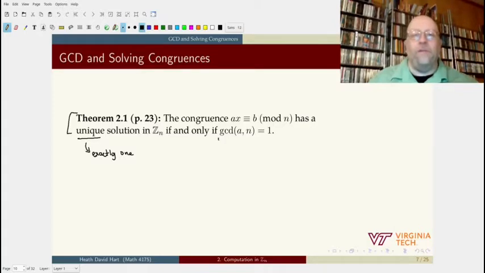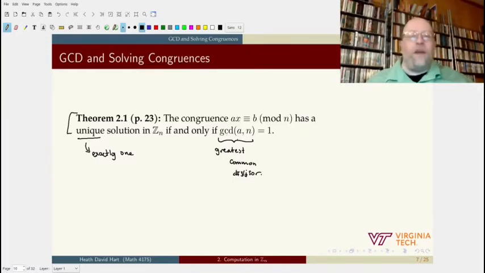This means greatest common divisor. And if 1 is the greatest common divisor, then there can't be any common factors that are bigger than 1. Okay? So this is a theorem in the book.